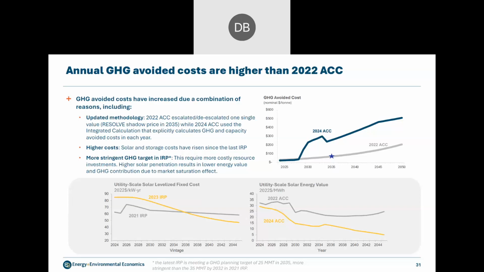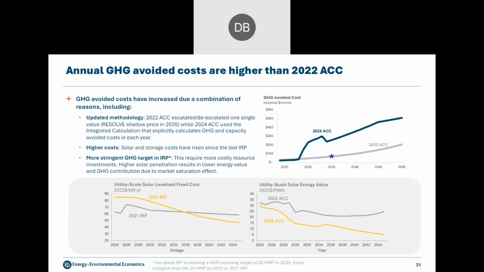You can think of this as, as we add more and more solar, the belly of that duck curve is getting more and more negative, or lower and lower. So the chart on the bottom right compares the solar energy value in 2020 using the 2022 ACC energy avoided costs versus the 2024 ACC energy avoided costs. You see a pretty big gap between the two versions, and that directly contributes to a higher GHG avoided cost coming out of the integrated calculation.